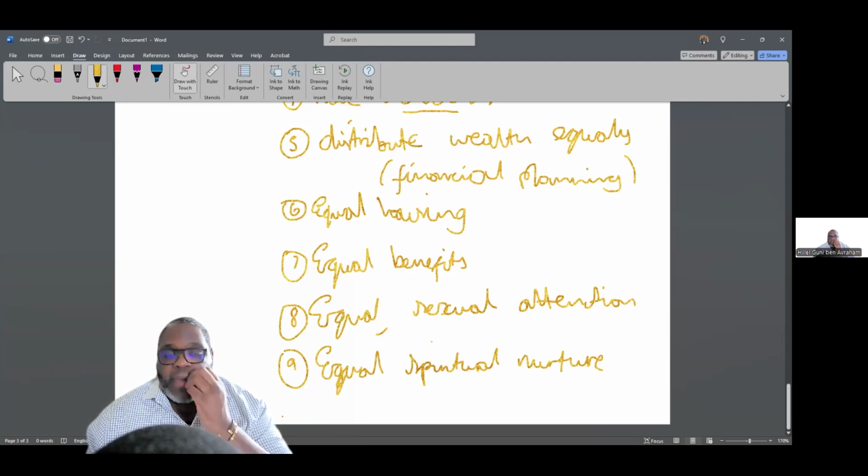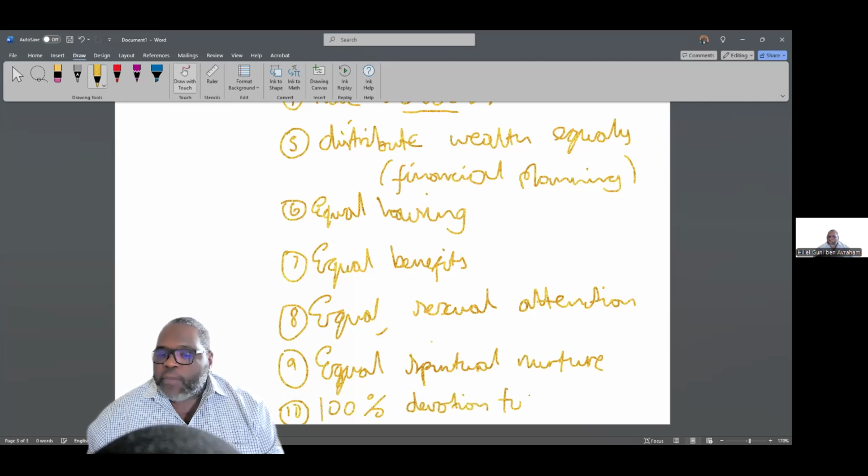So if you are a man who's a polygamist, you must be invested in your family 100%. 100%. Your job is not to look for other wives. 100% devotion to each member of the family, child or wife.